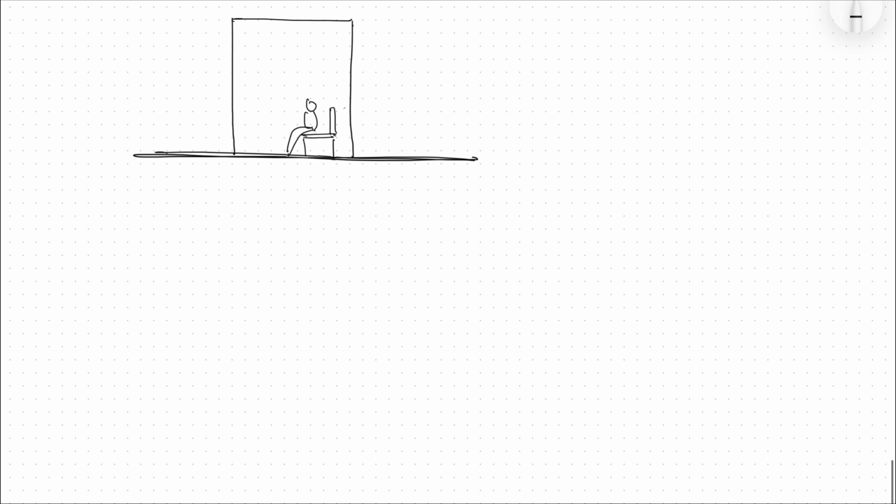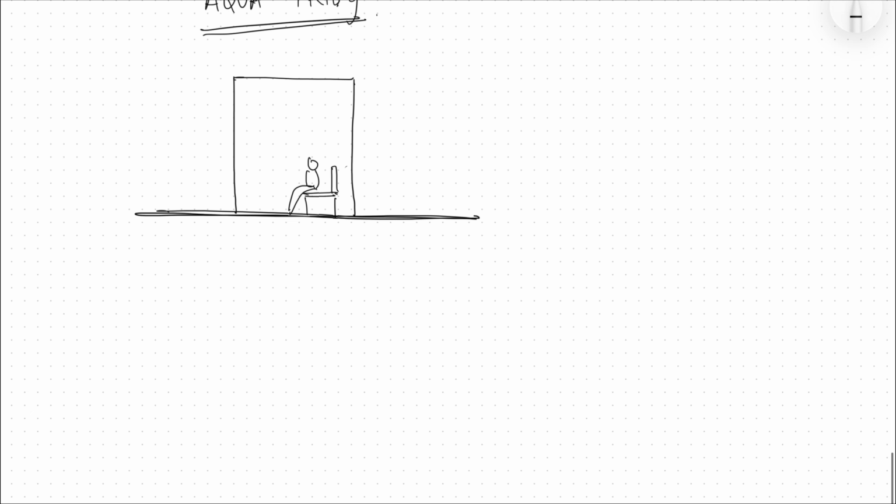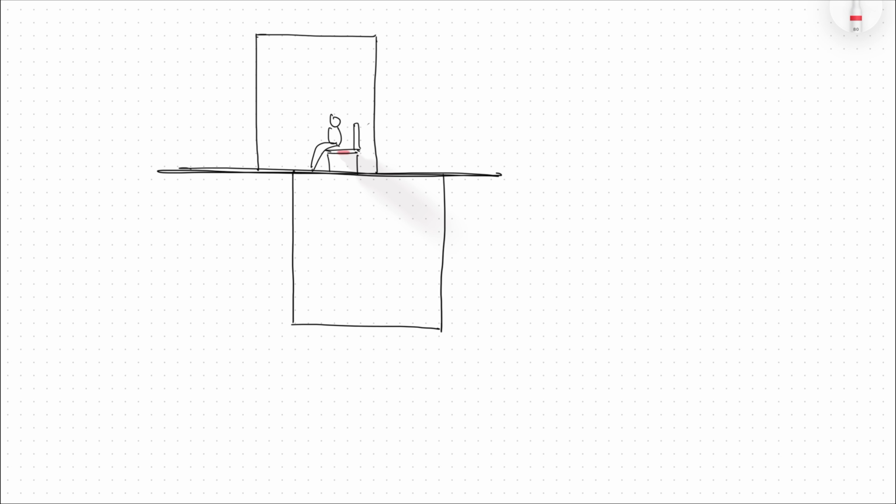Now, this Aqua Privy tank is a type of septic tank basically. It is situated right below it. So whatever you're doing directly drops to the Aqua Privy septic tank.